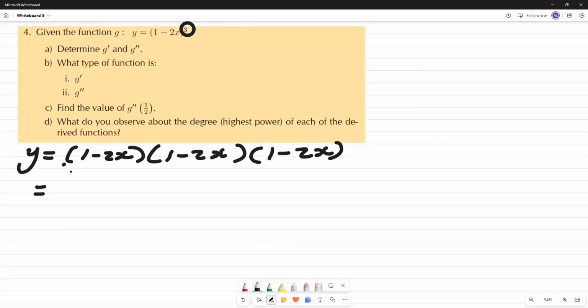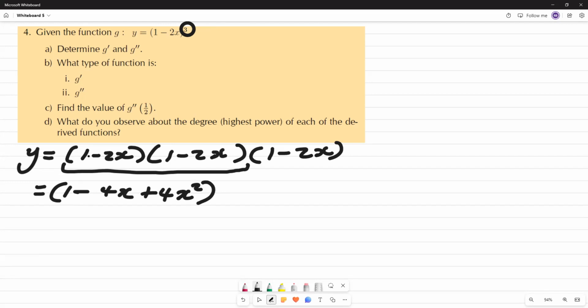Then I'm going to firstly deal with these 2 brackets. If I were to FOIL them, I'm going to get 1 minus 4x plus 4x squared. That is what they will simplify to if you were to multiply them. But because you still have another bracket, you still keep this inside the bracket.